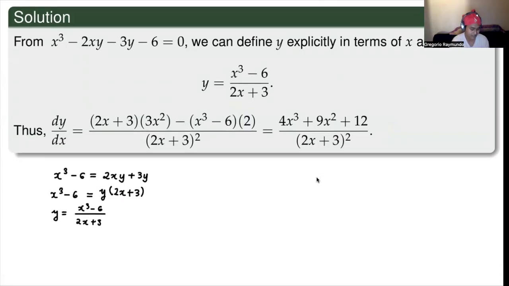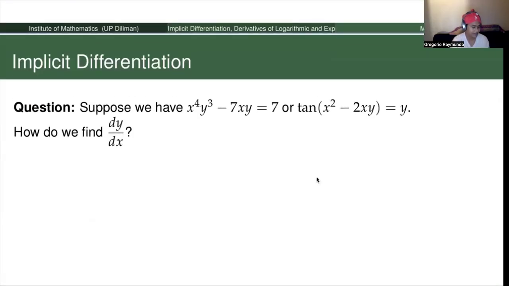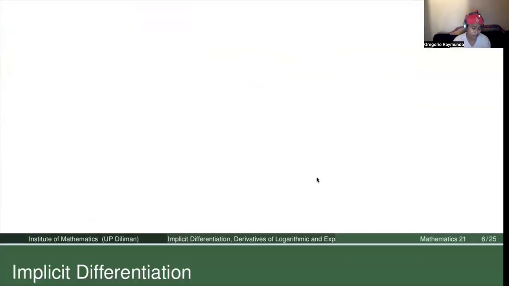Now, let's look at this next example. Suppose we have here x to the power of y cubed minus 7x equal to 7, or tangent of x squared minus 2xy is equal to 1. How do we now look for dy over dx? Kung gagawin natin yung method natin kanina na isolate si y away from x, medyo madedefeat yung purpose natin dito.